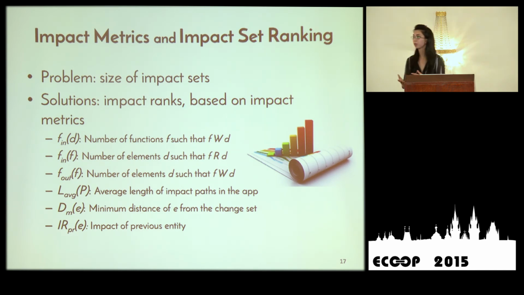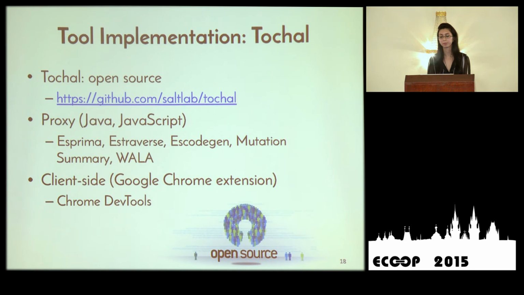So if all of the entities that impact this element have higher impact, then that would mean that entity could be of higher importance. So we use these impact metrics to sort our impact set and present a sorted, ranked set to the users.